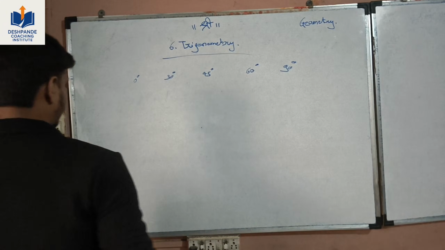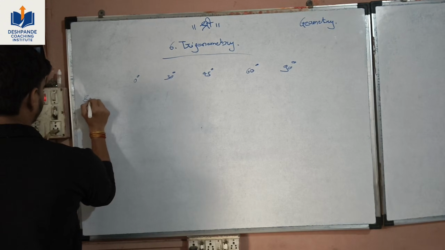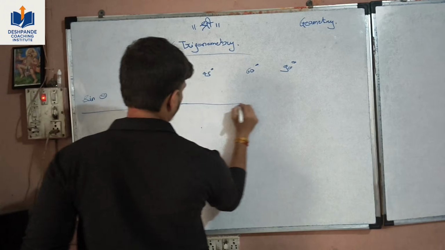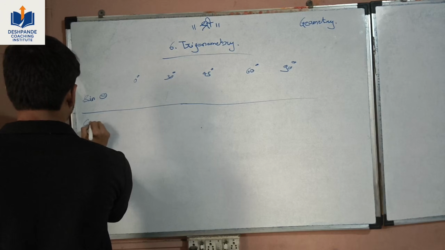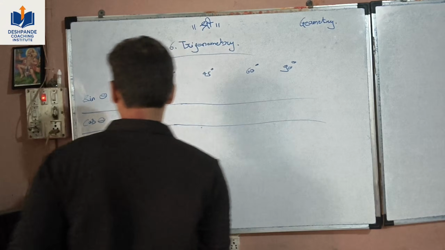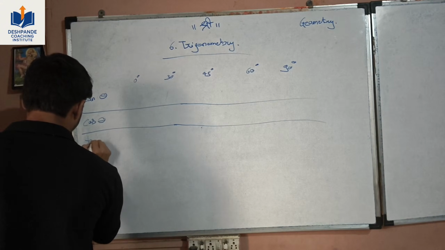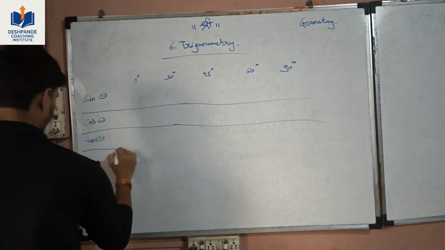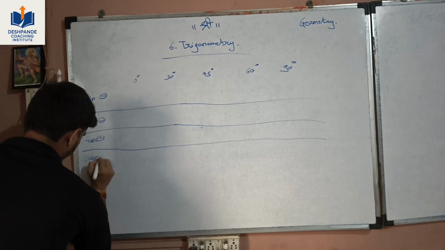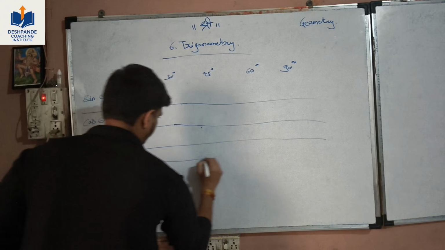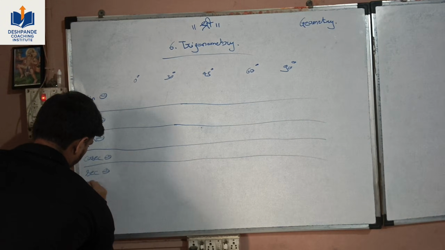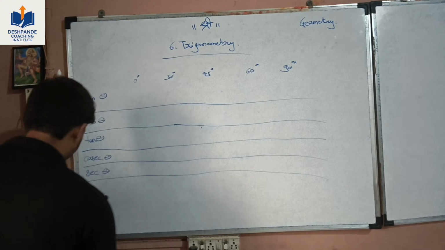Then the first row is sin theta, the second is cos theta, the third is tan theta, the fourth is cosec theta, the fifth is sec theta, and the last one is cot theta.